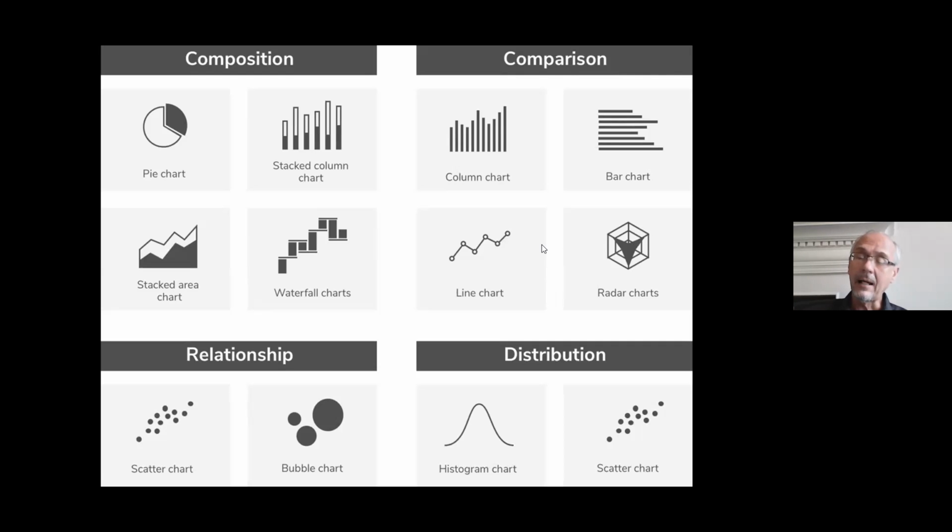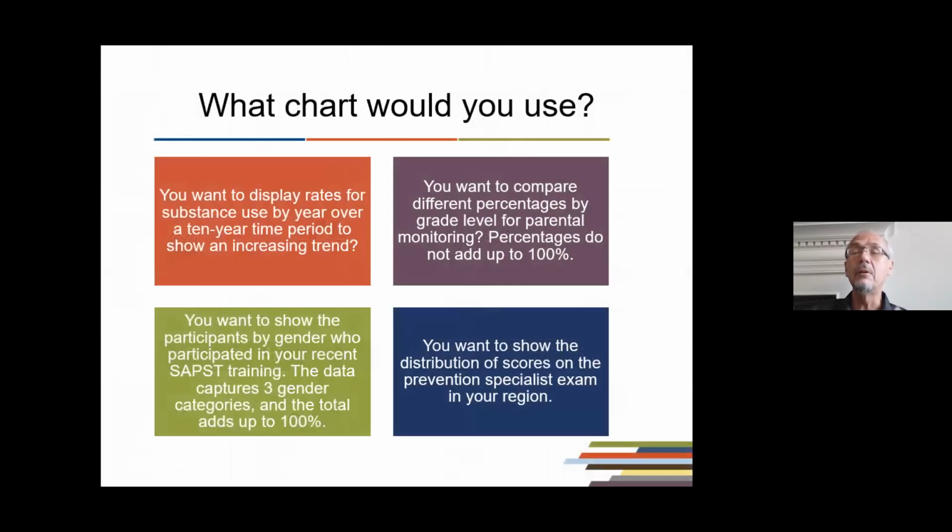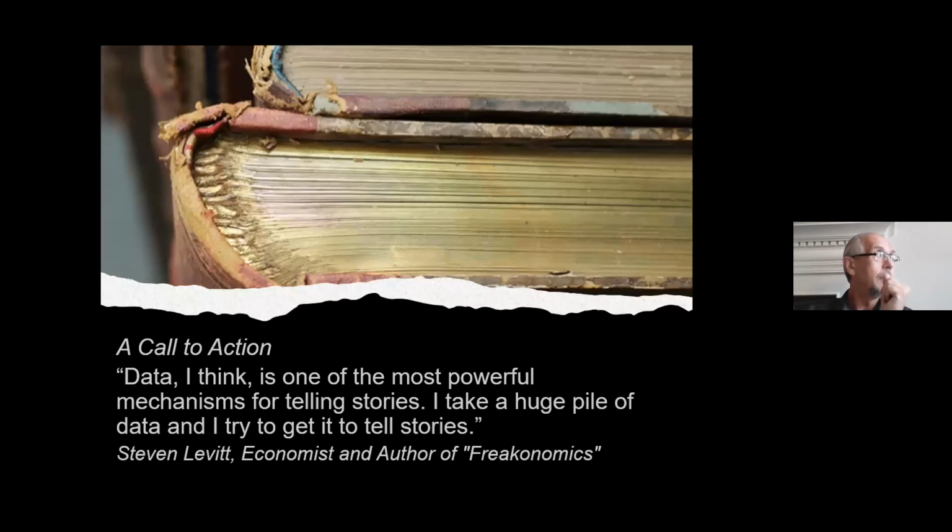But again, I think the takeaway point is to make sure that we communicate our data in a way that, first of all, has integrity, but also in a way that will be visually appealing and will provide the story that we want to tell in a persuasive manner.